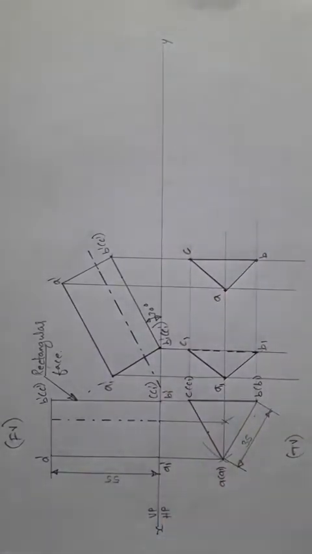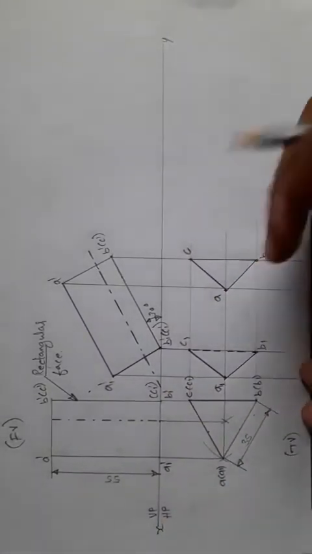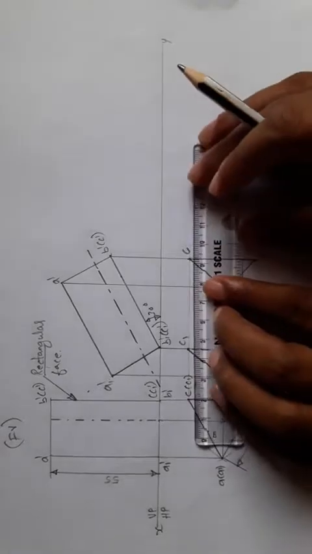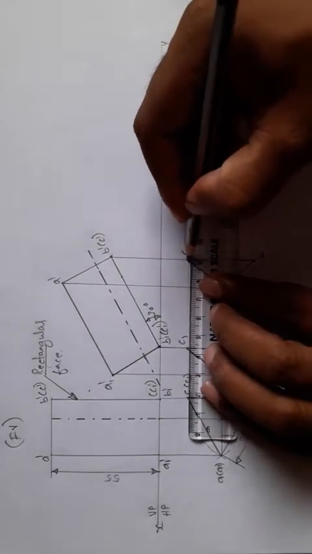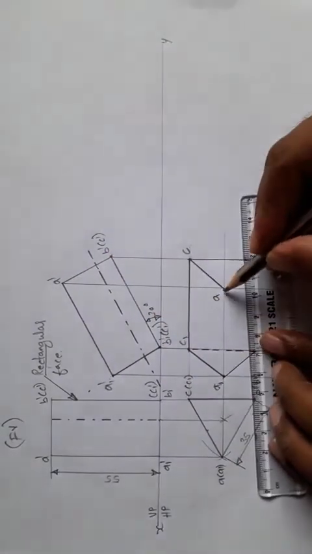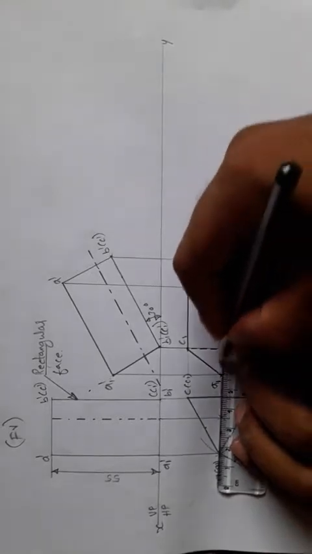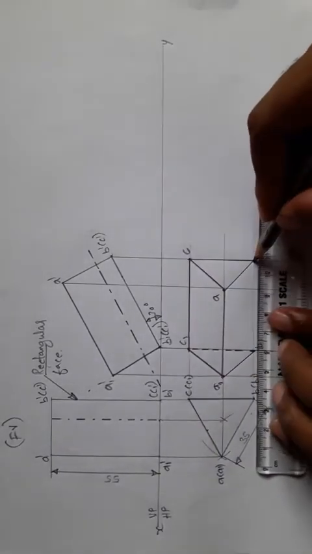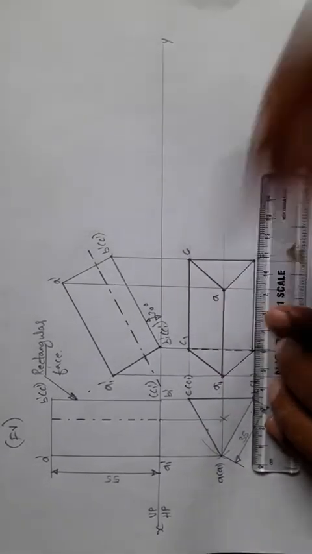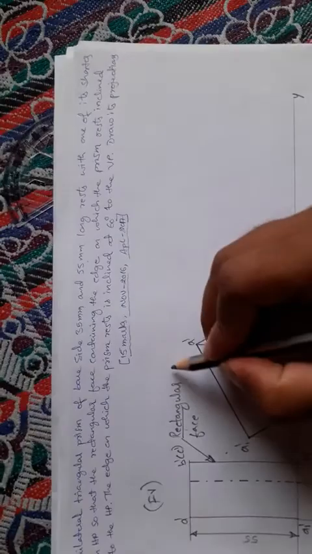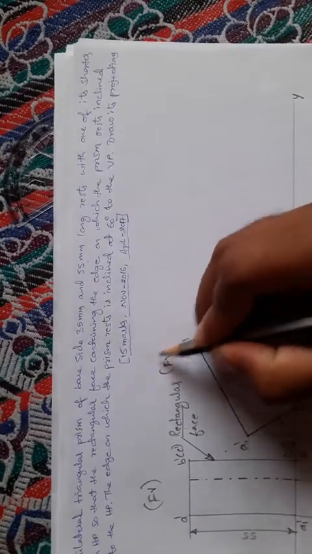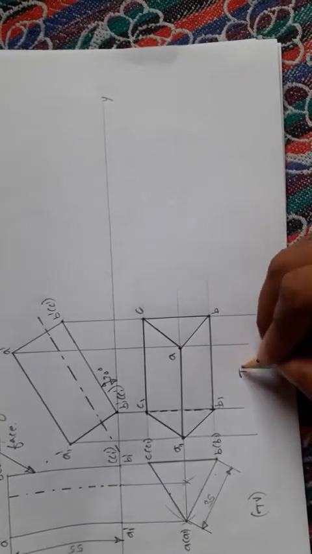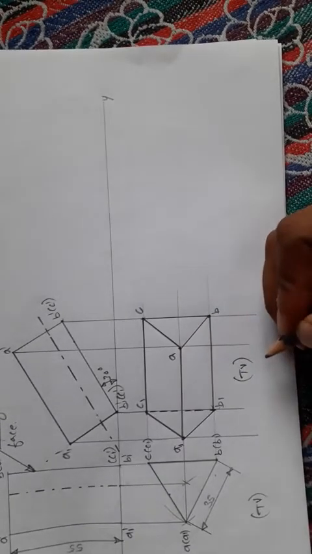C to C is a visible line, A to A is also visible, B to B is also visible. So this is the front view of the second stage and the top view of the second stage.